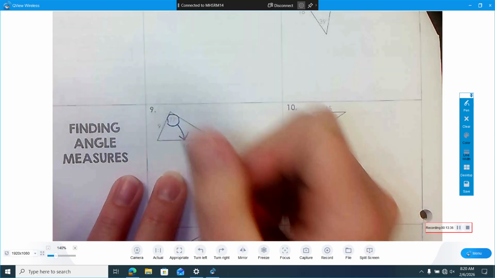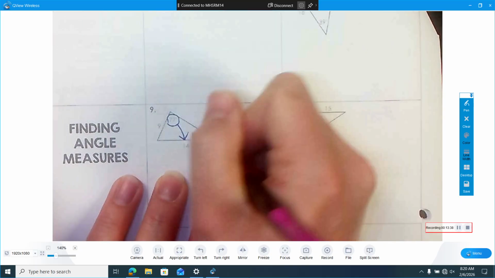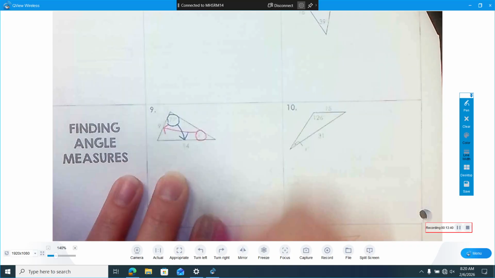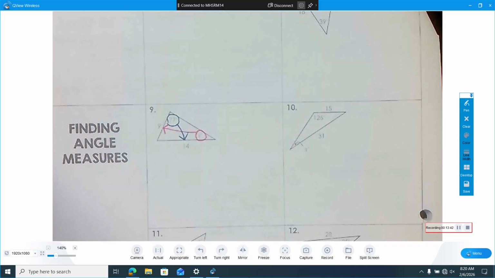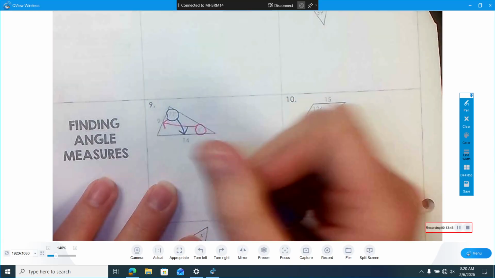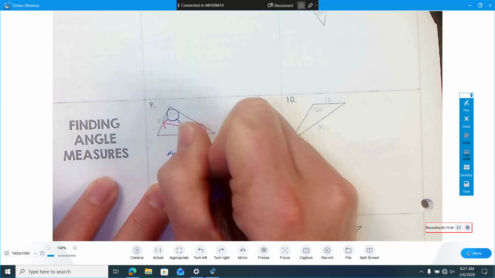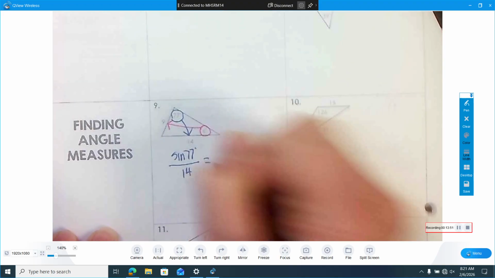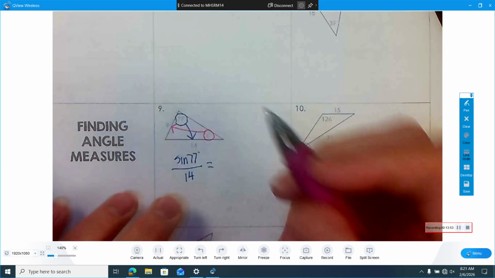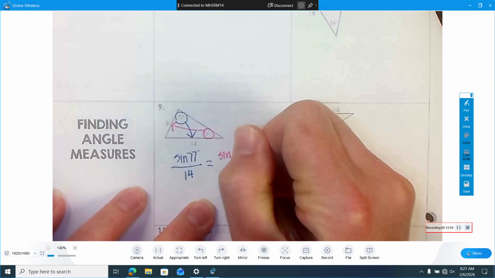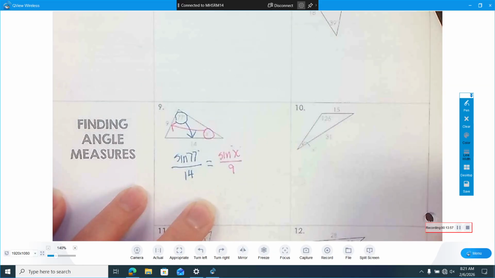That's good news. If I have my angle and opposite side info, I can write a proportion. Sine of 77 degrees over 14 is equal to sine of x over 9.